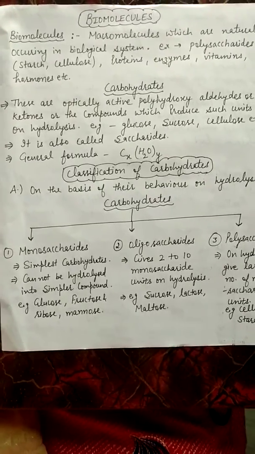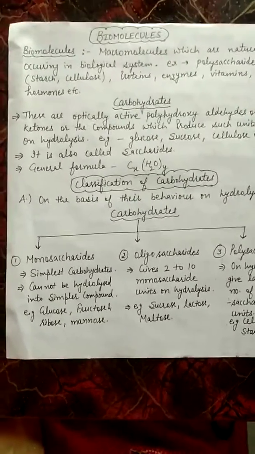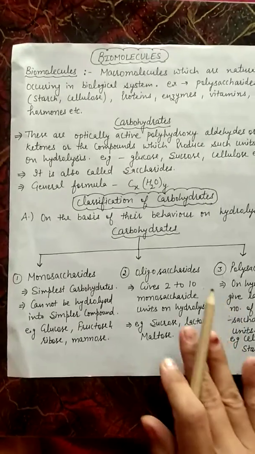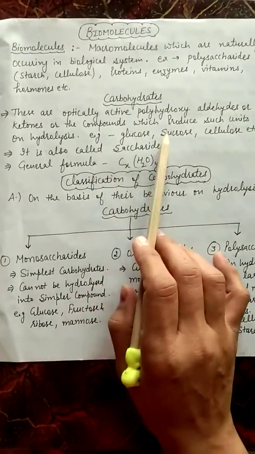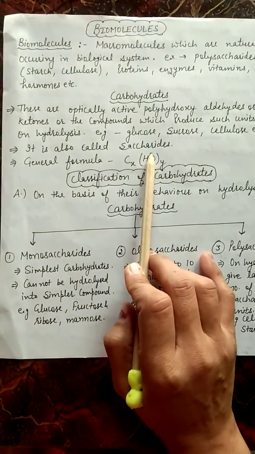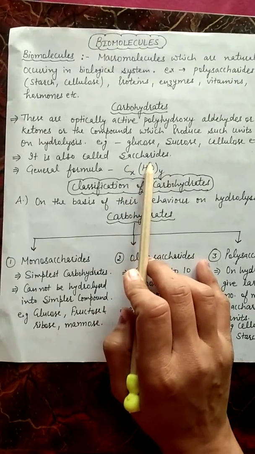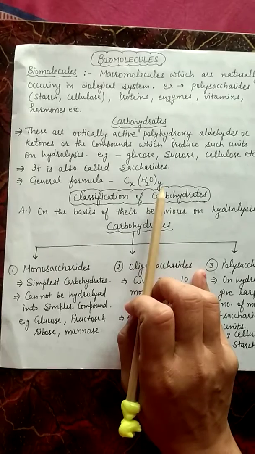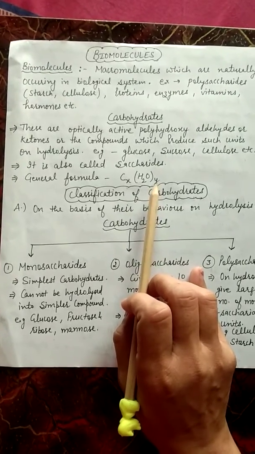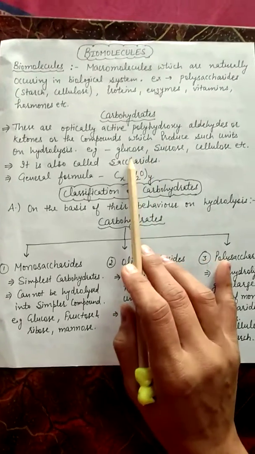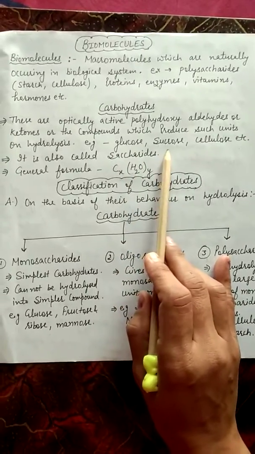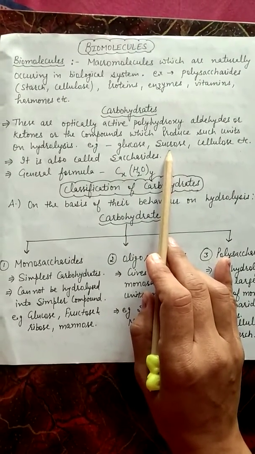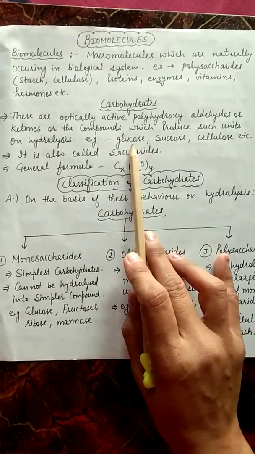They are also called saccharides, meaning sugar. Carbohydrates which are sweet in taste are also called sugars, like sucrose, glucose, etc.